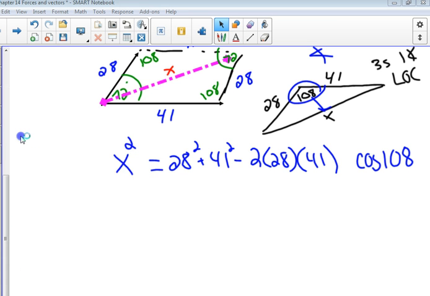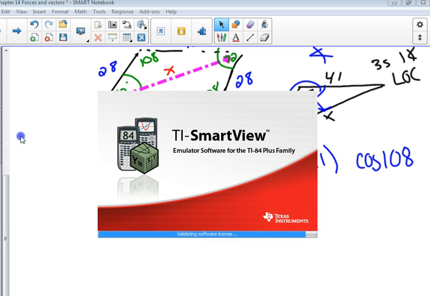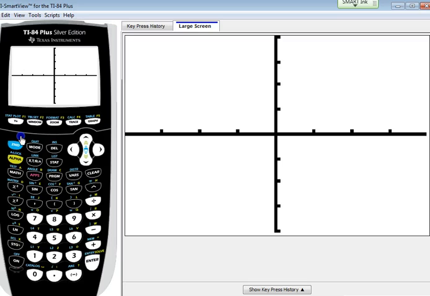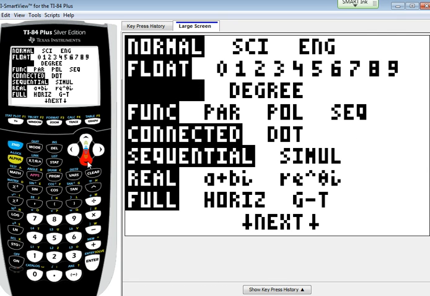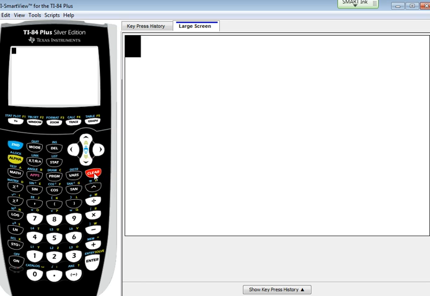Make sure your calculators are in degree mode too.